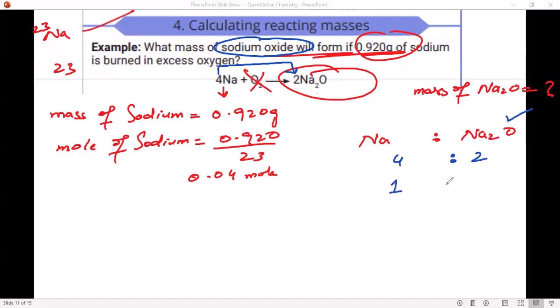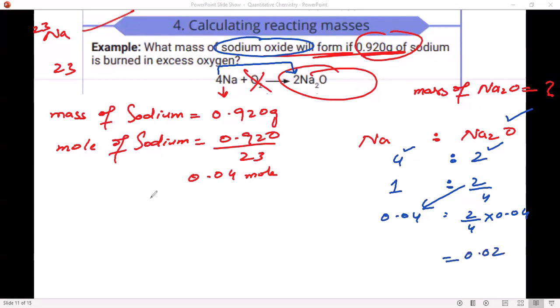Just suppose you have 1 mole of sodium, divide whatever the number is here by whatever the number is here. But guys, you have 0.04 mole of sodium, so do a cross multiplication. If you are expert in mathematics, that is a good thing, but I just want to explain everything to make life easy. So the moles of sodium oxide is 0.02.